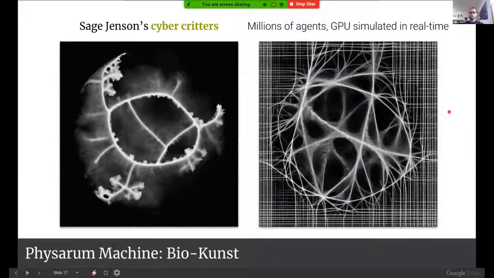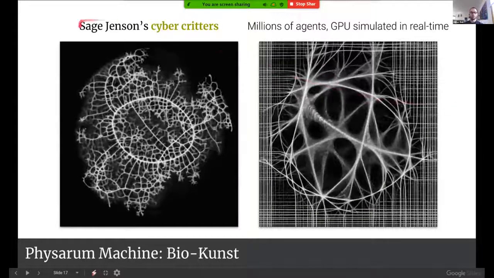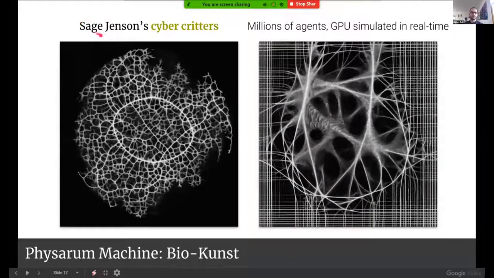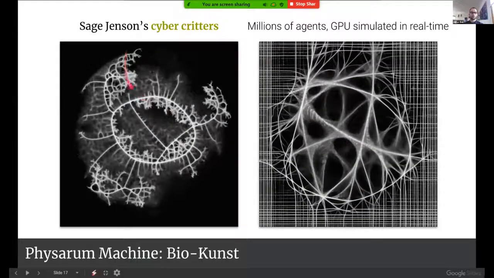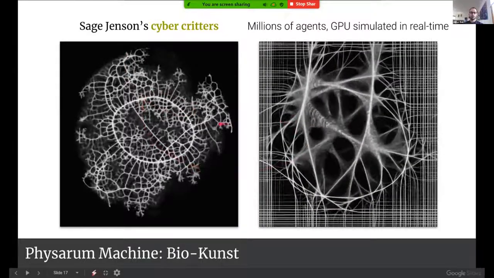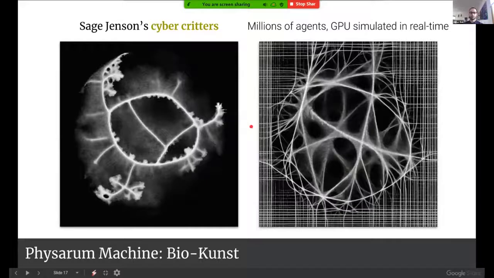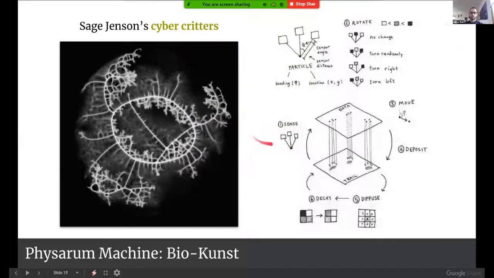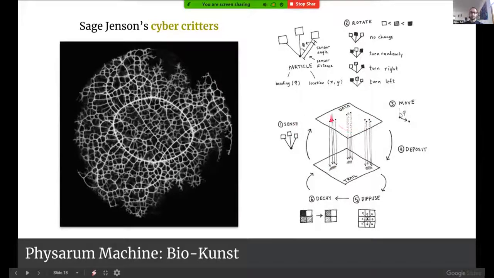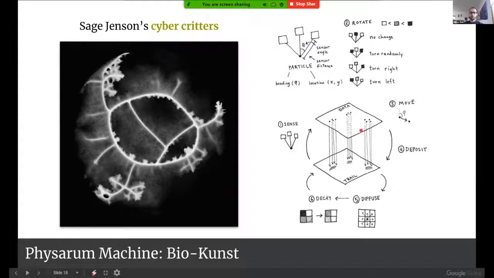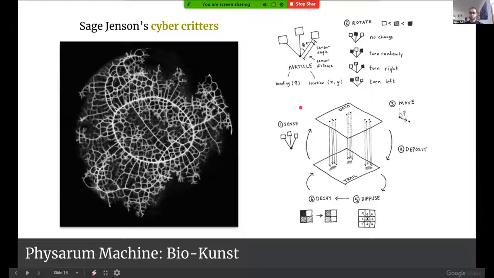The way we actually found this model was through the artistic experiments of a Berlin-based artist named Sage Jensen, who implemented this on GPU and showed these amazing animations and experiments with this virtual simulated organism. He uses pretty much the same algorithm. So we have this data, which are again the agents, except that now we have millions of them thanks to the parallel implementation.